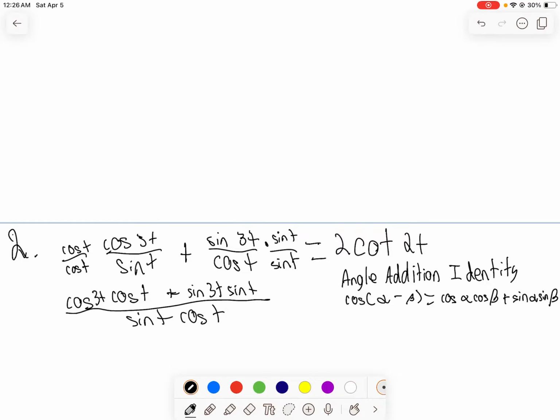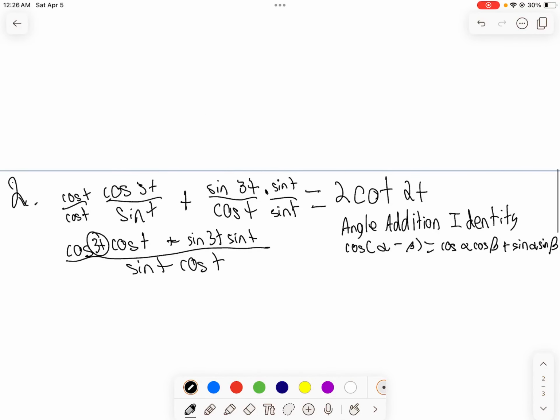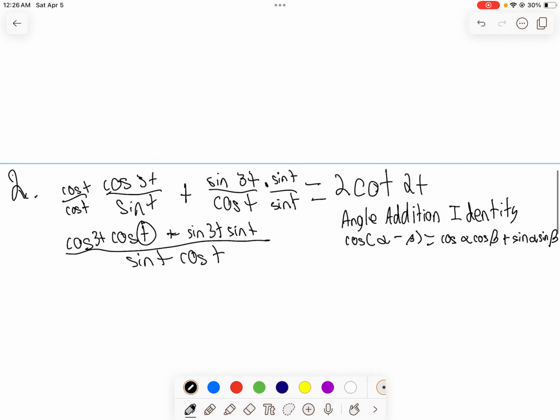Now if you look here, we have alpha, which is 3t. We have a beta, which is the regular t. So we can rewrite the numerator as cosine of 3t minus t over 1/2 sine 2t. I'm not really going to explain the numerator because I did earlier.